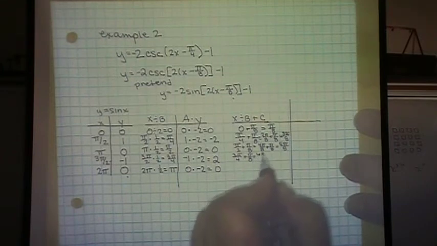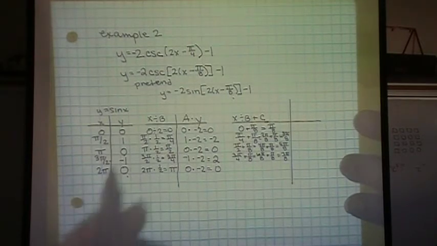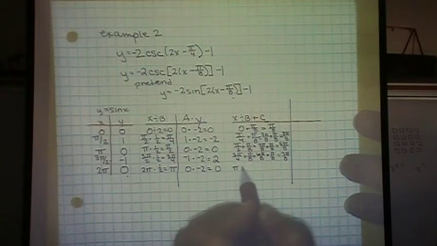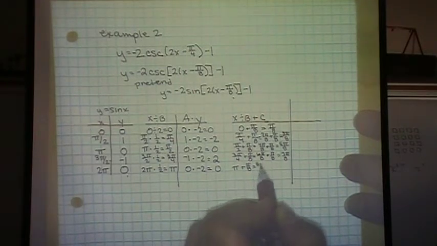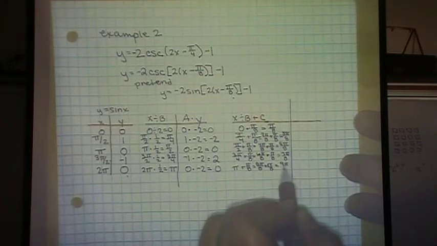That's 6 pi over 8 plus 1 pi over 8. That gives me 7 pi over 8. Pi plus pi over 8, that's 8 pi over 8 plus 1 pi over 8 equals 9 pi over 8.